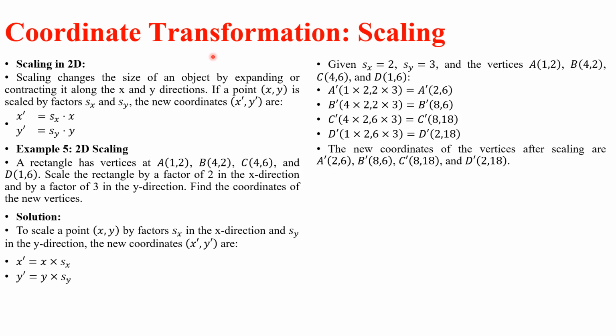Alright, so coordinate transformation can also occur in the form of scaling, and that has to do with changes in the size of an object by expanding or contracting it along the x and y direction, that is in two dimensions.